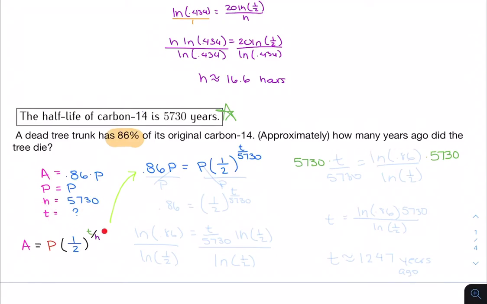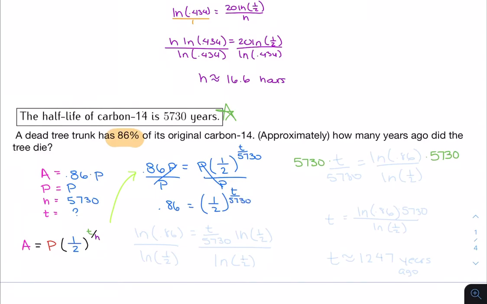So if we just plug everything into the formula, we get this. And remember that we want to try to isolate the term with the variable exponent. So we want to try to divide by p to both sides to cancel out the p's. And then we're left with 0.86 is equal to 1/2 to the t over 5,730.